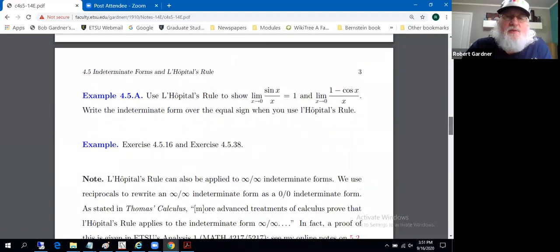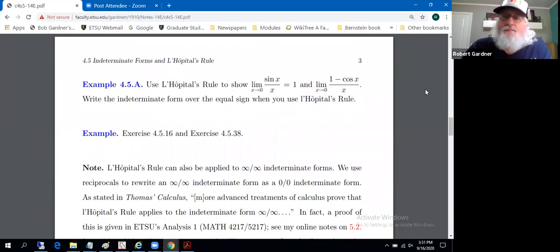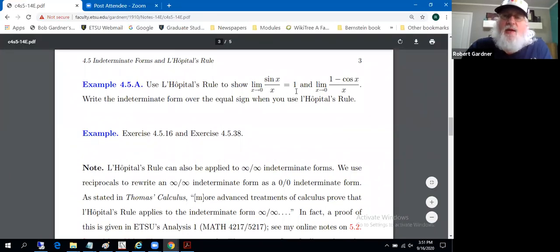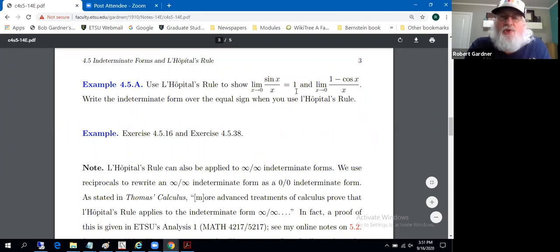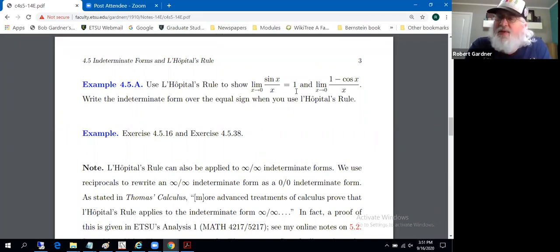Okay, these limits are familiar. Let's show the limit as x approaches 0 of sine x over x equals 1. We showed that back in chapter 2, I think it was, originally. And the limit as x approaches 0 of 1 minus cosine x over x. We had that limit was 0 back in the day.